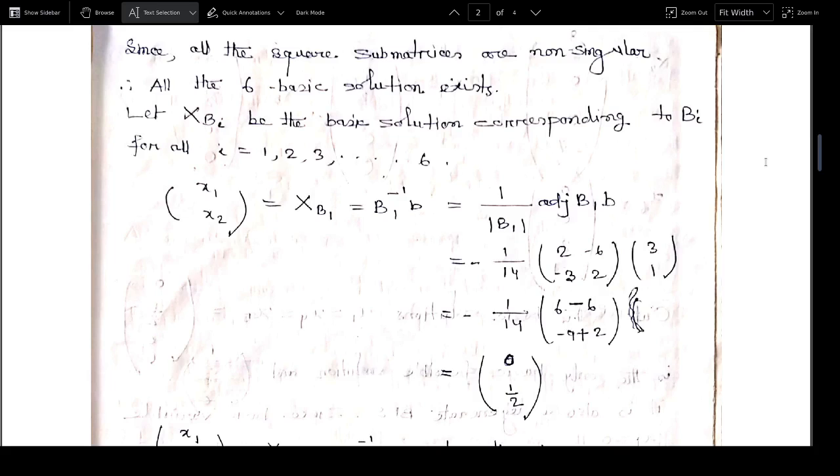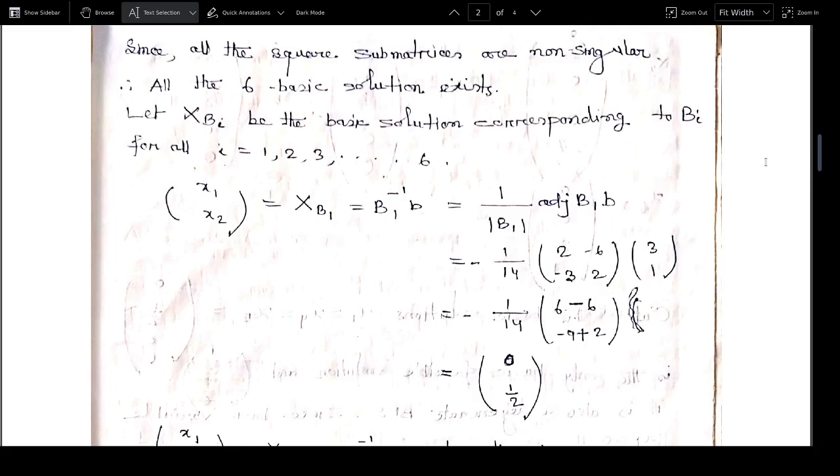First you find out its cofactor, right? And next, when you write its adjoint, it will be the transpose of the cofactor. Often rows and columns are interchanged, and cofactor you can easily find out.